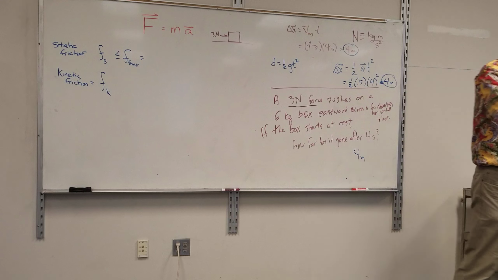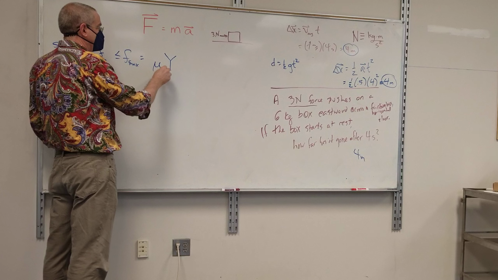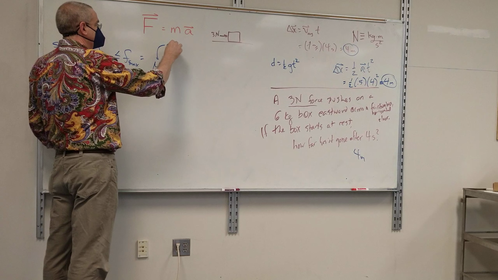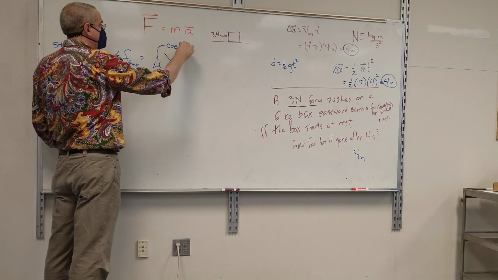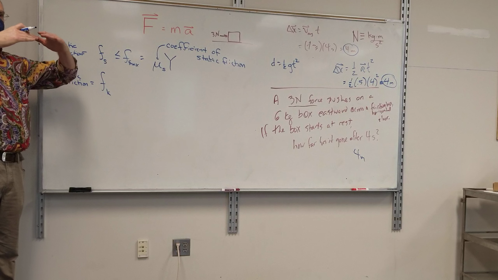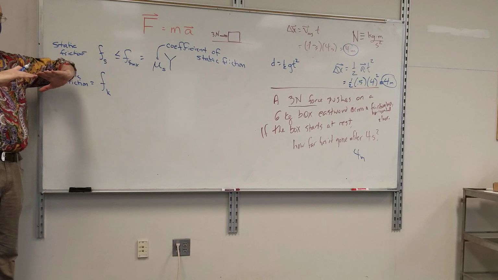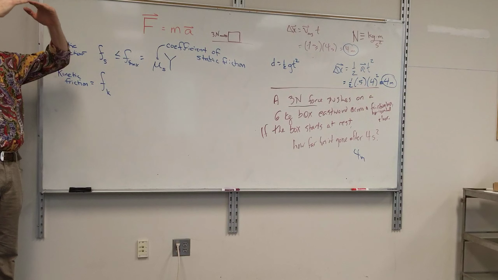And this is bundled up in this thing called the coefficient of friction. So this is the coefficient of static friction. The less than or equal to means that it's matching the force that's trying to move it until it hits that breaking point, at which point it'll start to move, and suddenly friction is now kinetic.